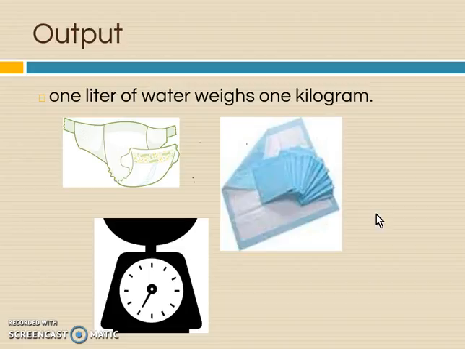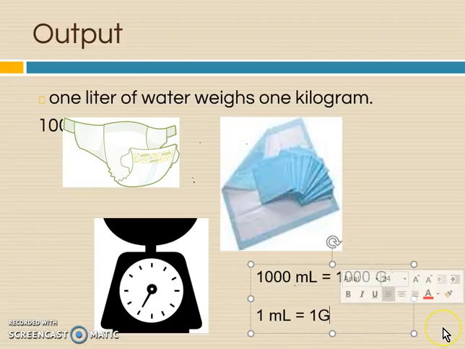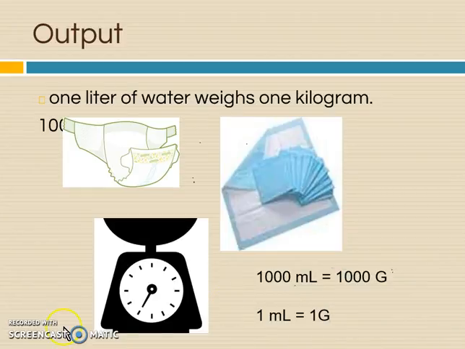What you do is you take a dry one and put it on the scale, and then you zero the scale, and then you put the wet one on the scale, and the difference is the weight, how many grams, and then you know how many milliliters. So for example, like I said, 1 liter of water weighs 1 kilogram, so 1,000 milliliters is 1,000 grams, so 1 milliliter is 1 gram. So that's the standard that you want to use as far as weighing things.